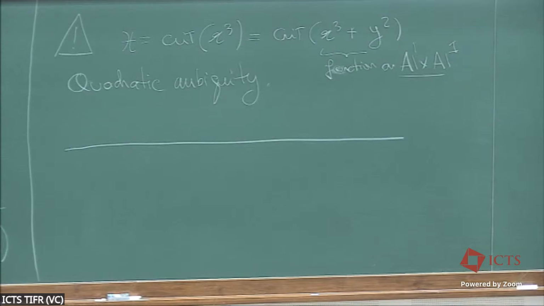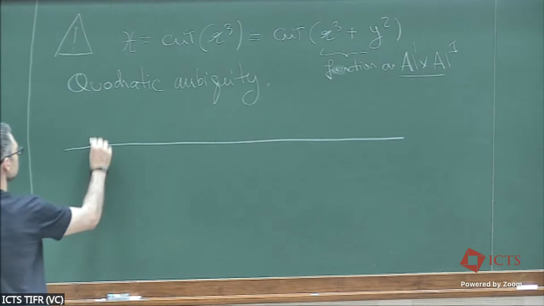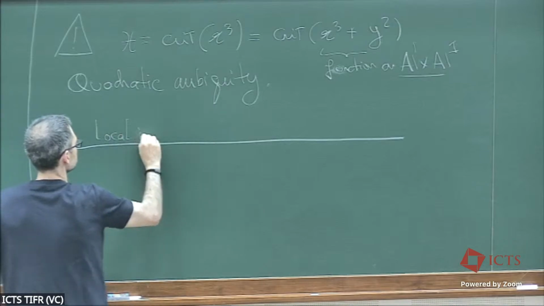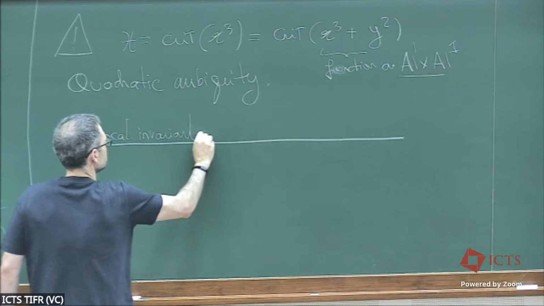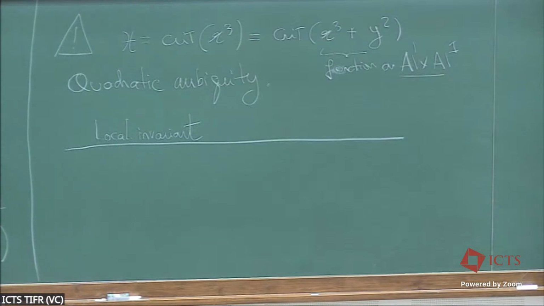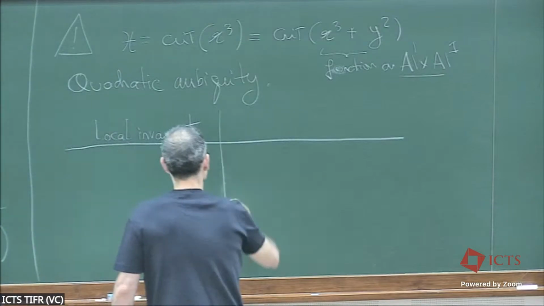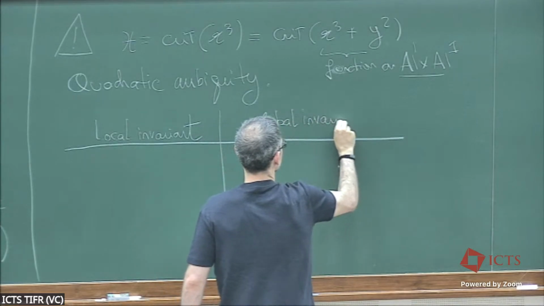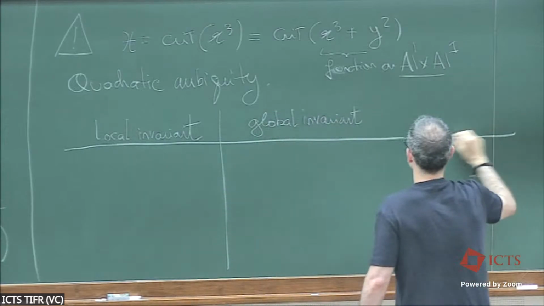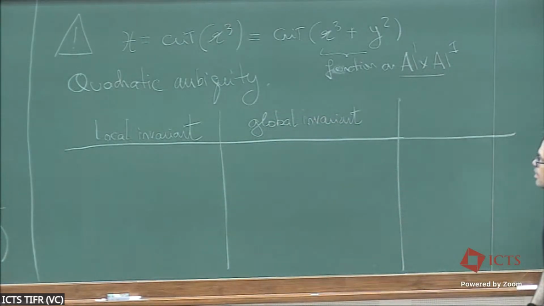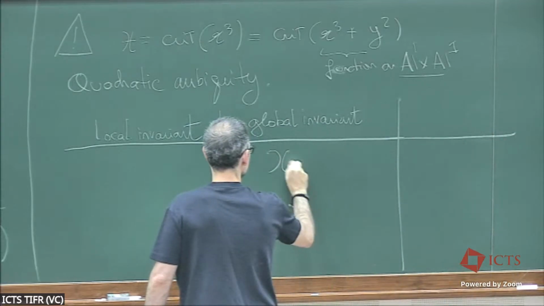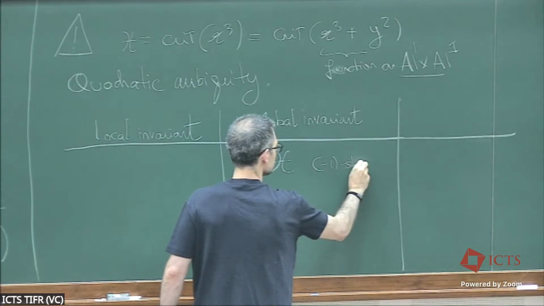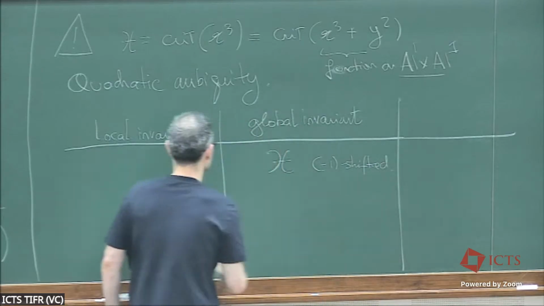The moment we know that every such stack, for instance the stack of coherent sheaves, is locally of this form, we can try to take some local invariant that depends on a function on a scheme, and we try to globalize it. So here I have something which is -1 shifted, and here I have a local model.